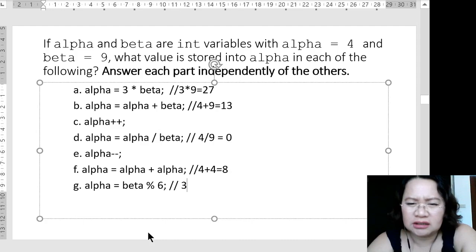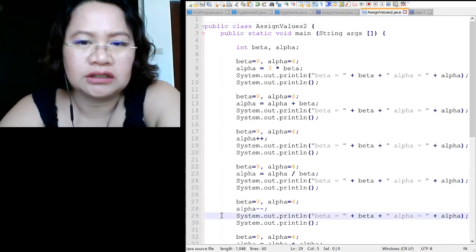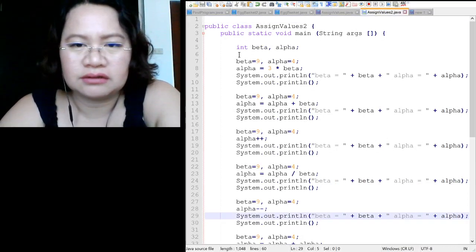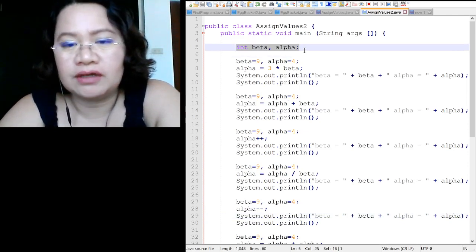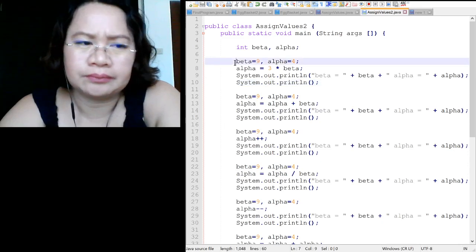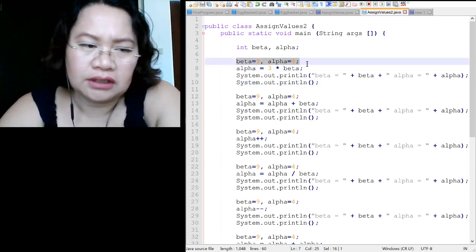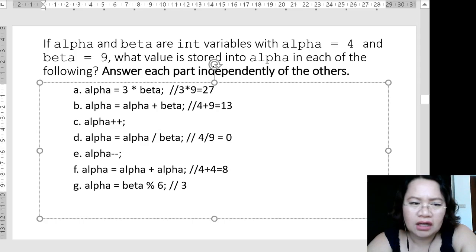Okay, so let's go to the notepad. I have already encoded the code here. I will have to declare beta and alpha. I purposely did the assignment statement here because the instruction from the slide says that you have to answer each part independently of the others.